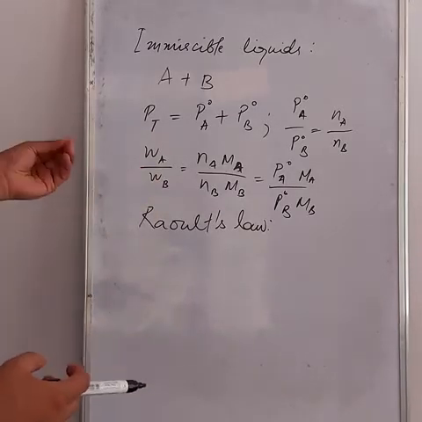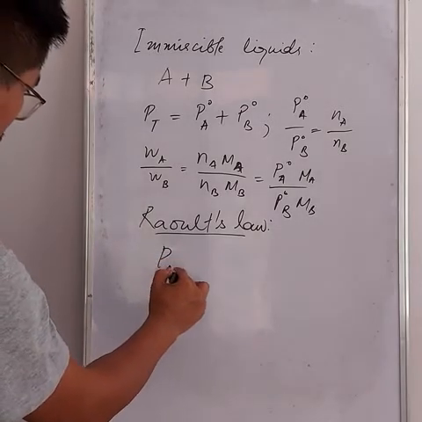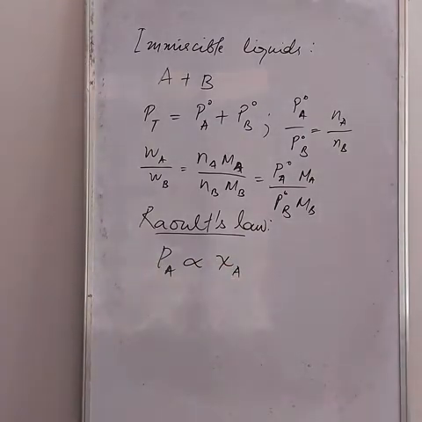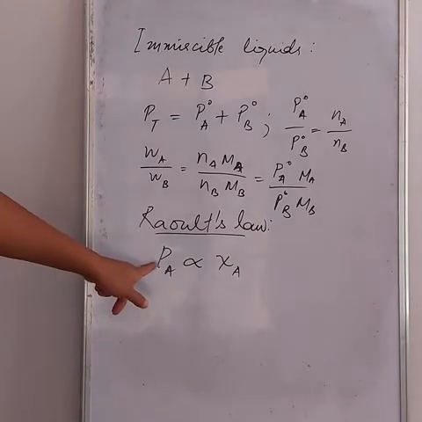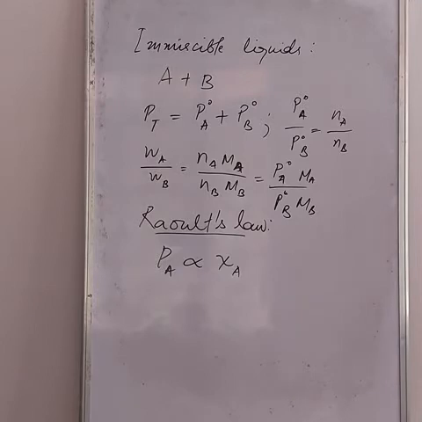So the vapor pressure now depends, according to Raoult's law, on the mole fraction of the solution, which simply says that P is directly proportional to the mole fraction. The pressure of the solvent A will be directly proportional to the mole fraction within the mixture. That's what Raoult's law states.